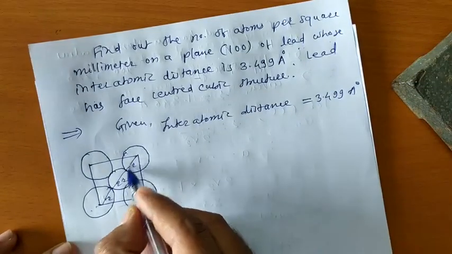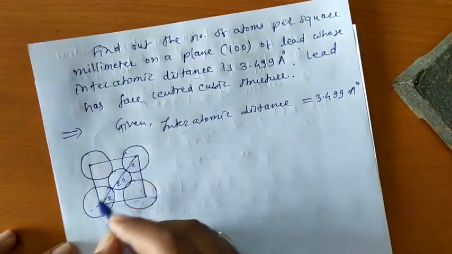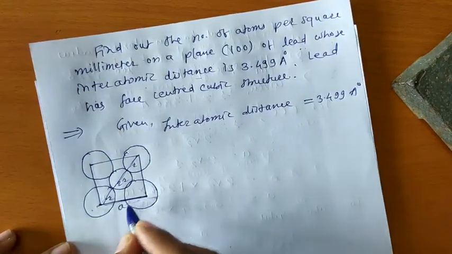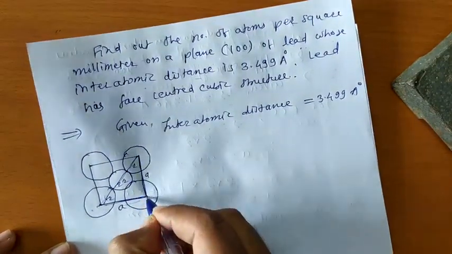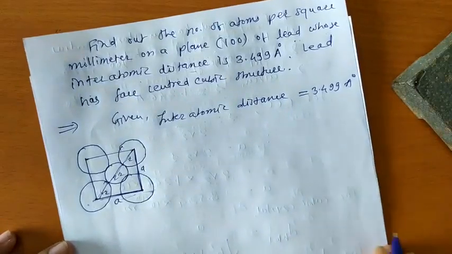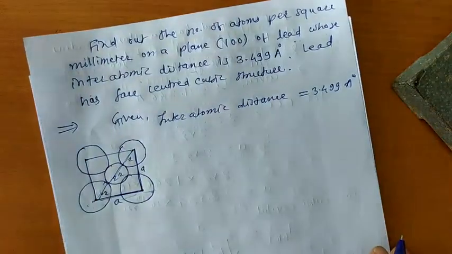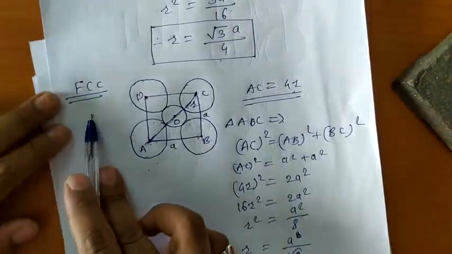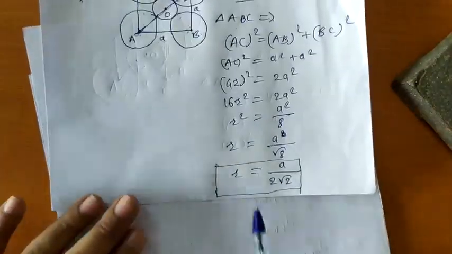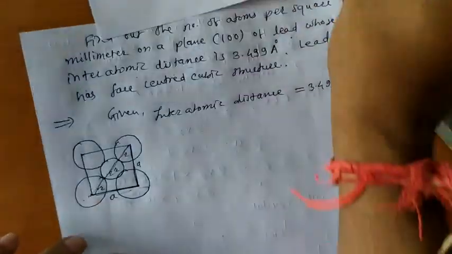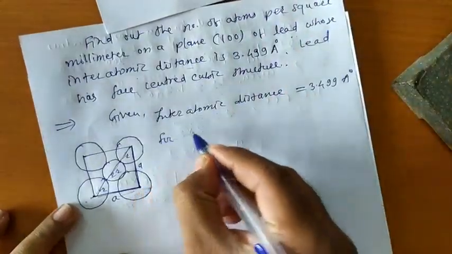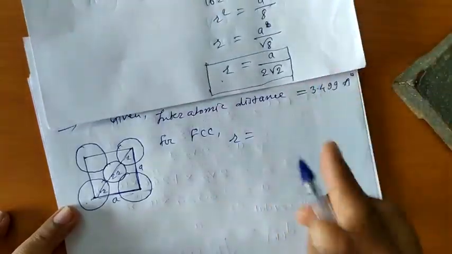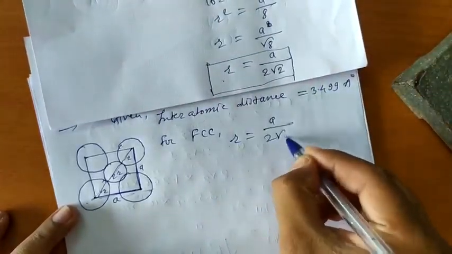Now obviously this will become 4R. This is the lattice parameter A. This is also A, lattice parameter A. And we know that in case of FCC structure, what is the radius R? R equal to A upon twice root 2.